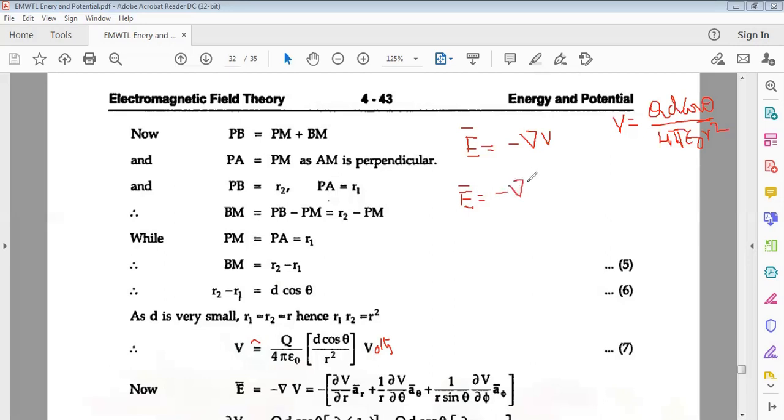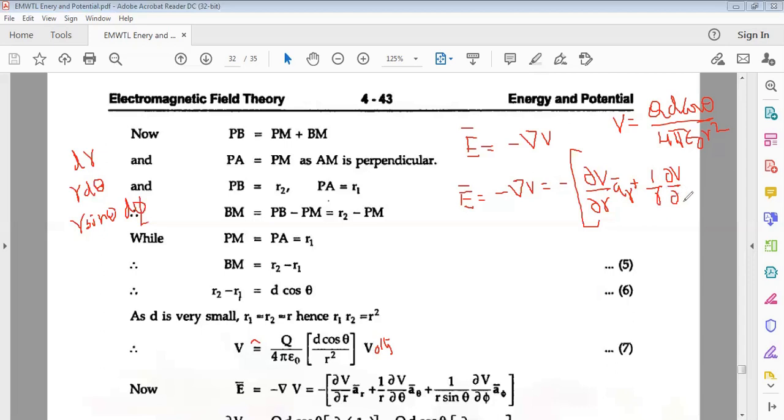Minus del V is equal to minus of dou V by dou R into A R bar, plus, because the differential elements are dr, R d theta, and R sin theta d phi, the second term is 1 by R dou V by dou theta A theta bar, and the last term is 1 by R sin theta dou V by dou phi A phi bar. Okay, this is del V.